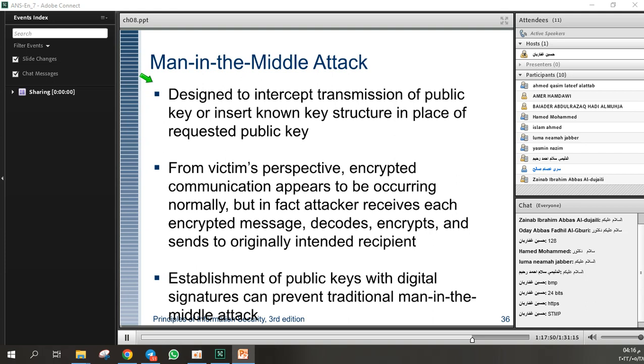Trudy poses as me. She sends my message to Alice, and Alice thinks, okay, this is Bob sending a message to me. So Alice starts a secure communication with Trudy. The total communication is protected by secure channels, but Trudy is placed in the middle of this communication.